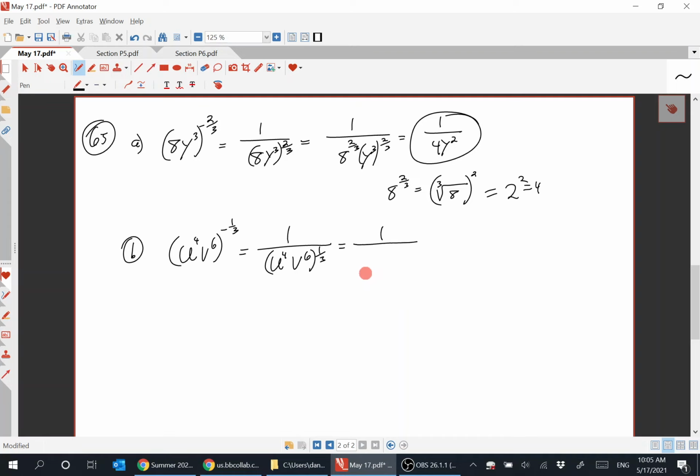Distribute the exponent over the multiplication. So this becomes 1 over u to the 4/3, v to the 6/3, which is 2.